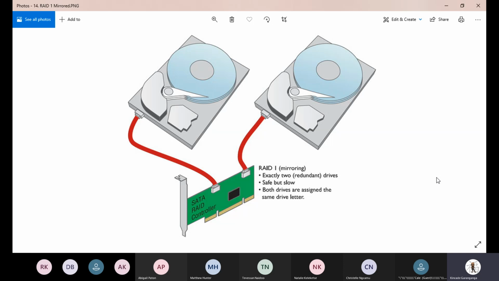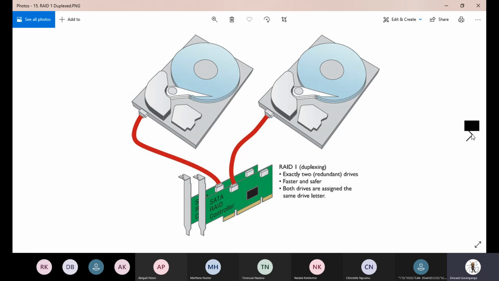But again, you've got redundant drives, meaning that if one particular drive malfunctions, you can get your data completely in its entirety from the other drive. And then you also have what they call duplexing. So if you look at this image now, you've got the same architecture. The only difference is that you've got dedicated controllers for each one of the drives.